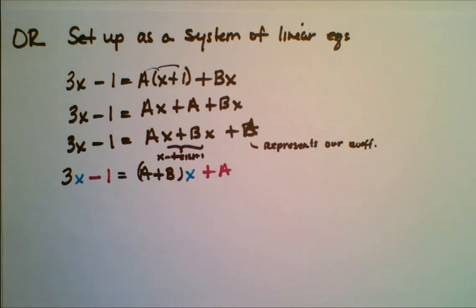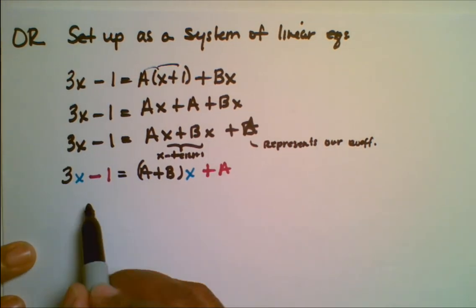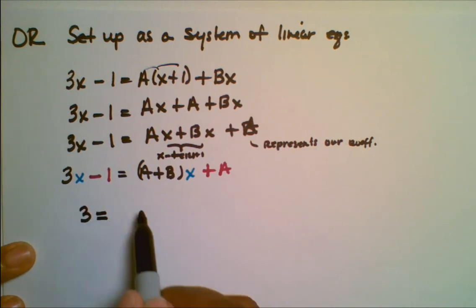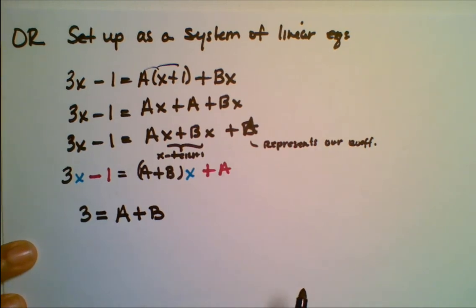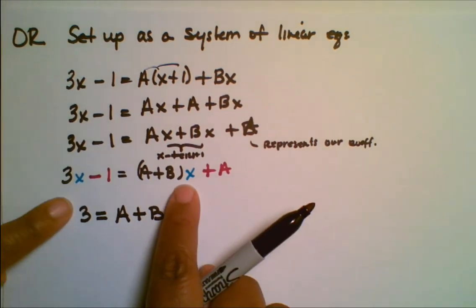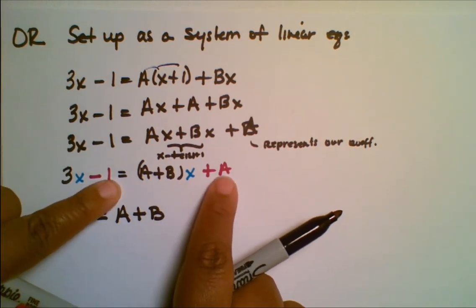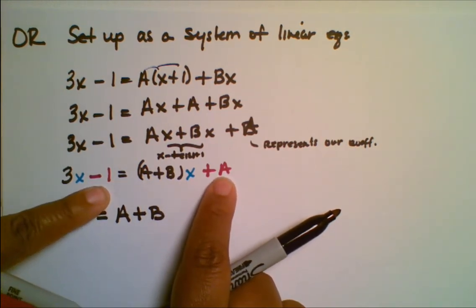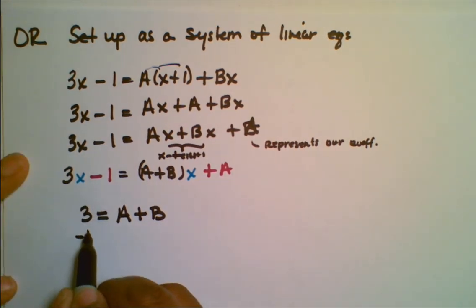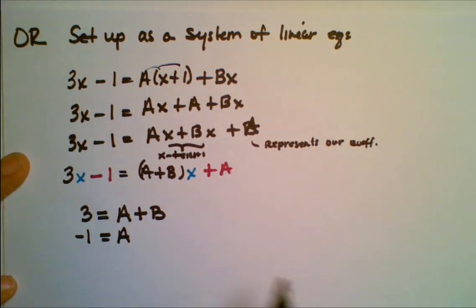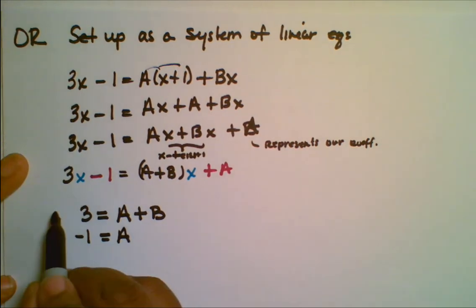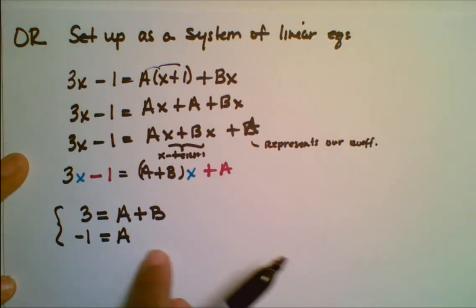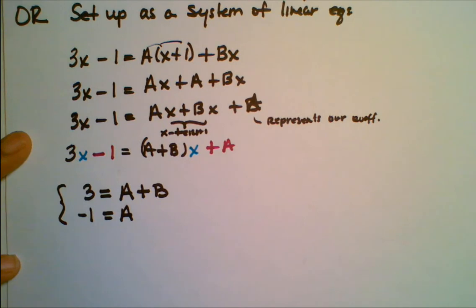We're just looking at the coefficient part. You're saying 3 is equal to a plus b, looking at your x term. Then the second equation is going to represent the constant component, and we have here negative 1 is equal to a. So this is your system of linear equations.